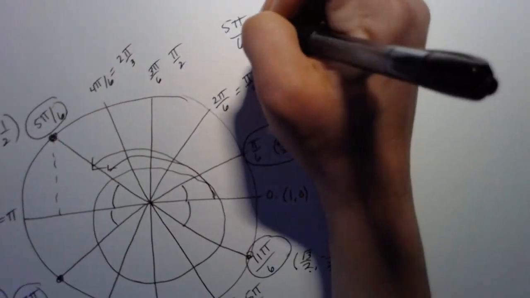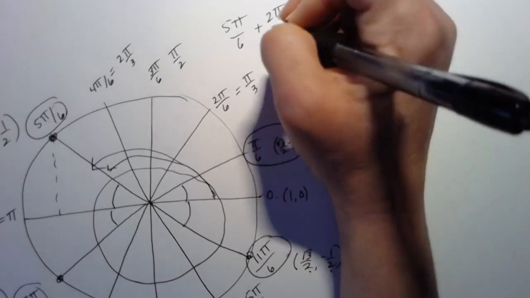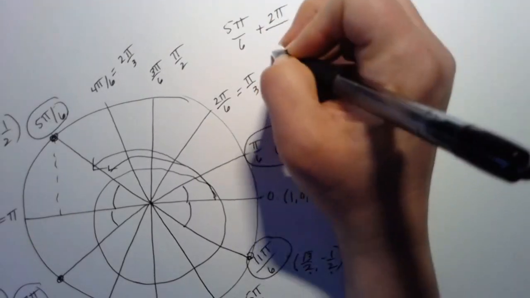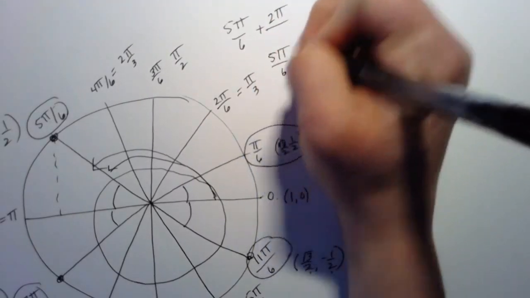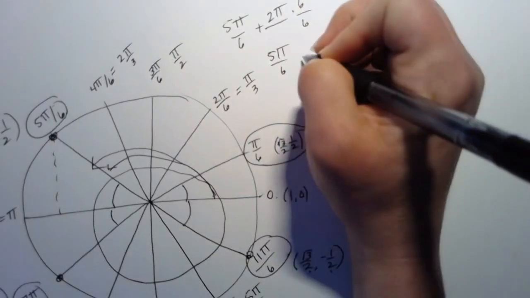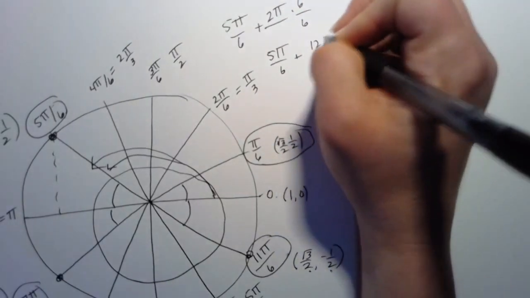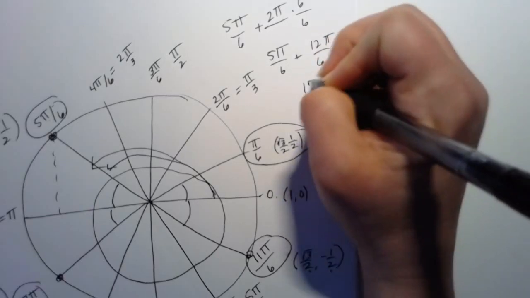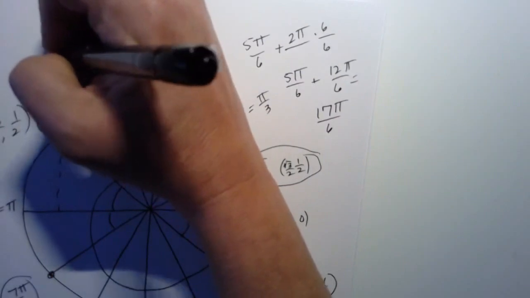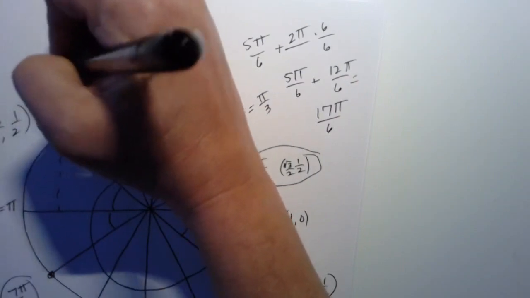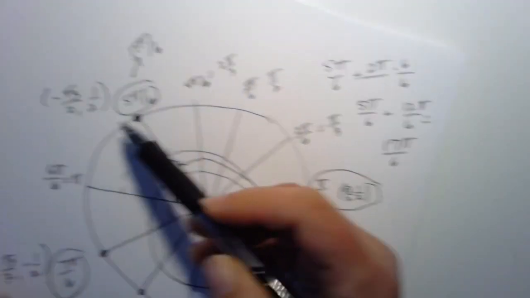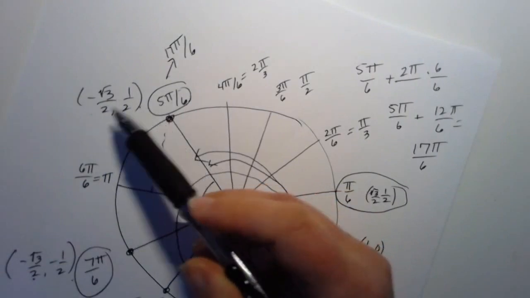Angles, 5 pi over 6 plus 2 pi, if I multiply this by 6 over 6, I'd get 5 pi over 6 plus 12 pi over 6, which would be 17 pi over 6. So this coterminal angle would be 17 pi over 6, and it would also have the same sine, cosine.